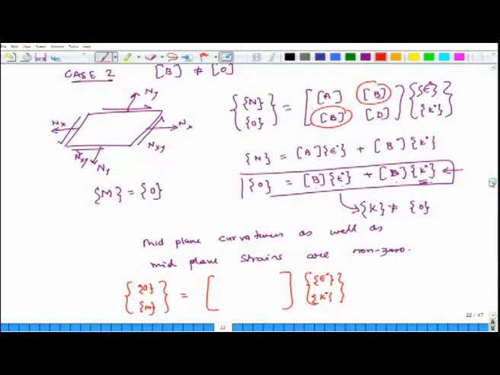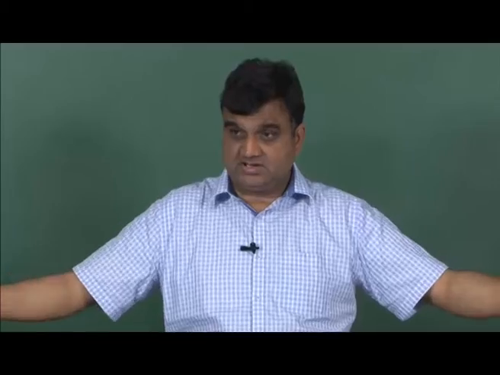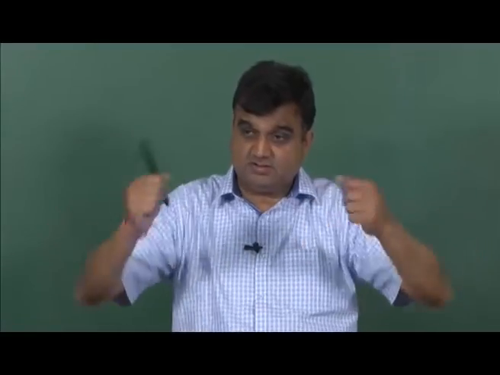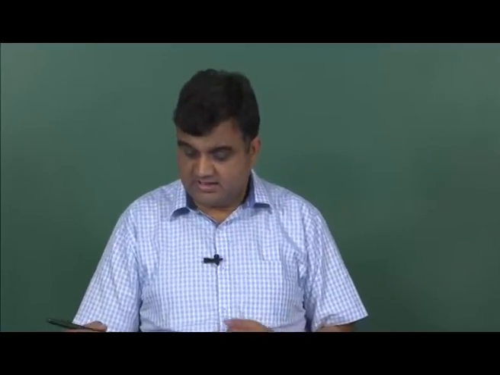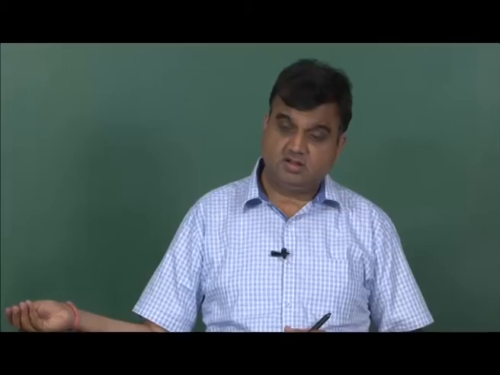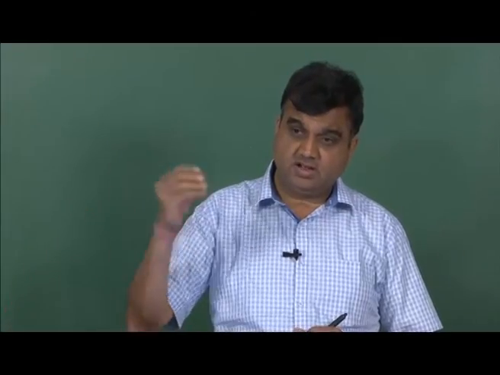So, what this tells us is that it is the B matrix. If it is non-zero, then even if we are just stretching, just pulling the plate in a straight direction, it will not only expand and contract, but it will also bend. And that is why it is called the coupling matrix, because it couples the mid plane strain response of the plate to the mid plane curvature of the plate.